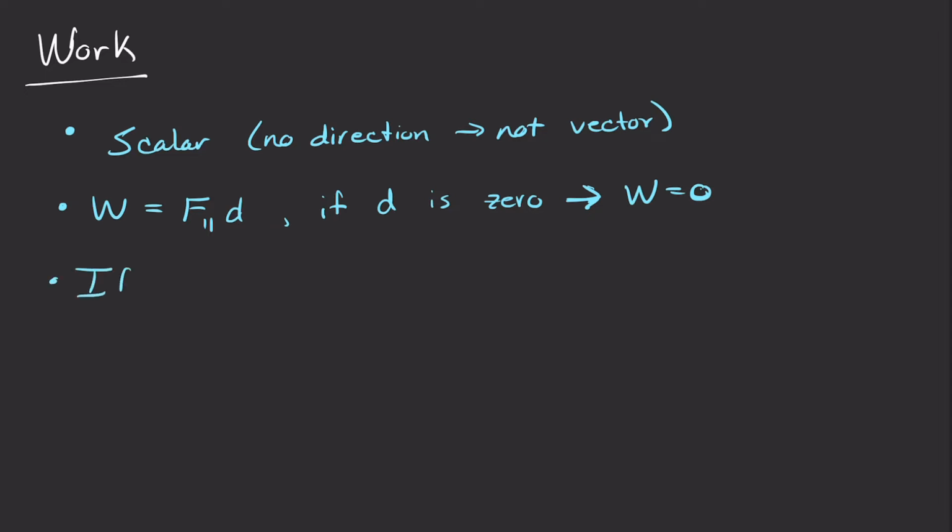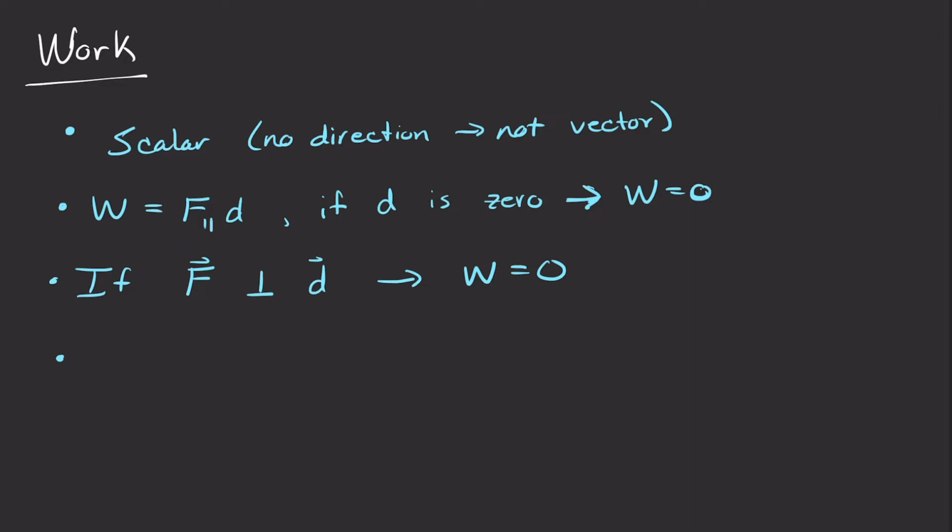Another property, if the force is perpendicular to the displacement, so these are vectors, if the force is perpendicular to the displacement, then the work is also zero. The work done by that force is zero.